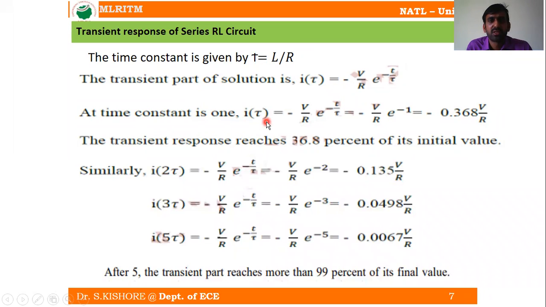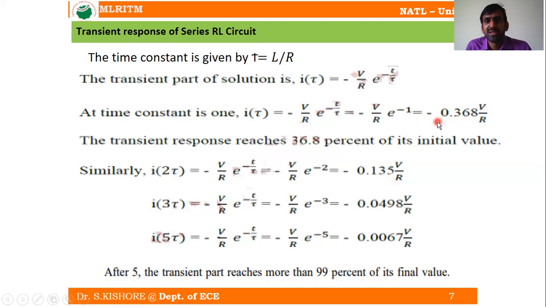If you consider the time constant as 1, it is going to be minus V by R into e power minus 1, which is equal to minus 0.368 V by R. If you convert this into a percentage, it is going to be 36.8%.